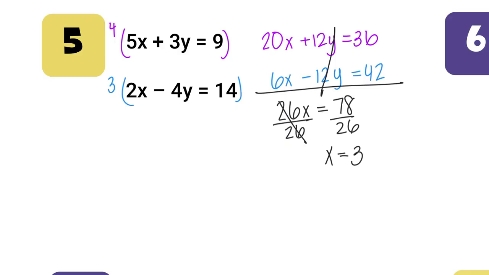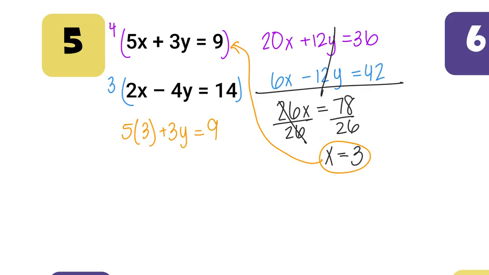Now I'm going to take that x and plug it into a y. It does not matter which y, but personally, my preference is to plug it into a y that has a positive. So I'm going to plug it into the top one. So now I have 5 times 3 plus 3y equals 9, and I have 15 plus 3y equals 9.